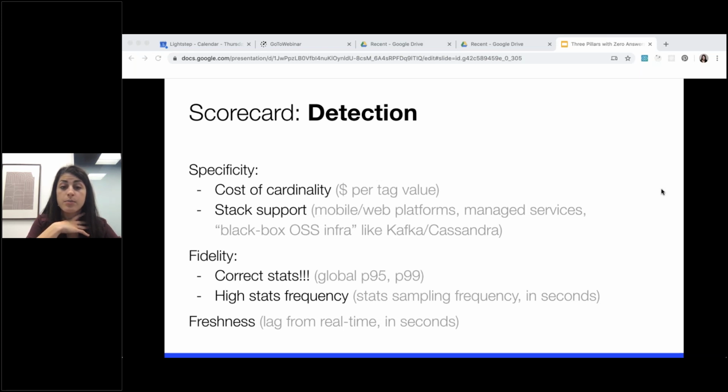So it's important to understand what stacks are supported. Specifically, can you go up into the mobile and web stack with the same solution that you're measuring your internal services? If you're planning on improving end user latency, it's important to be able to measure all parts of the stack so that your end users have a good product experience.